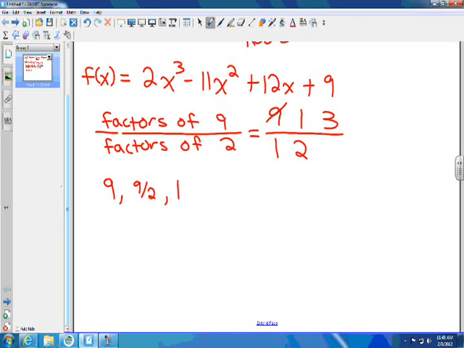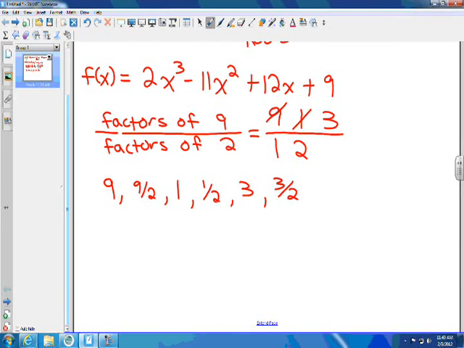Again, don't write 1 over 1. And then 1 over 2. And that one's done. So what would our next one be? 3 and 3 halves.